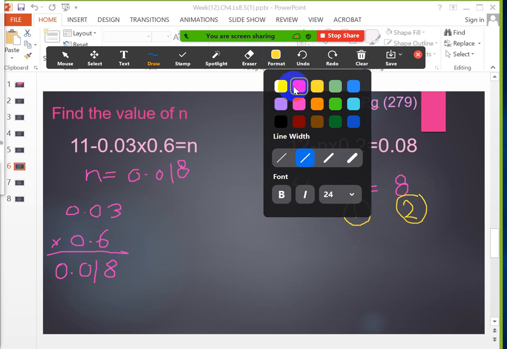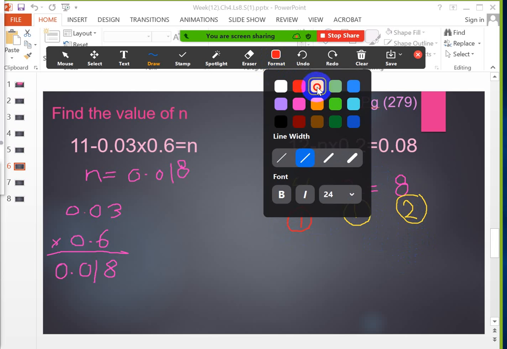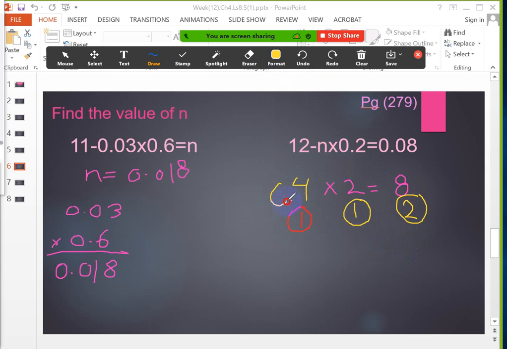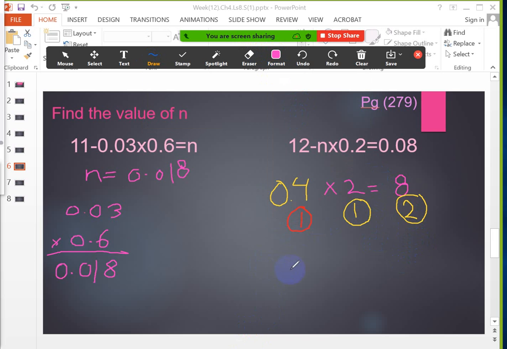That means I have to put also here 1 digit after the decimal point, because 1 digit here and 1 digit here will give me 2 digits in the product. So if you put here 1 digit after the decimal point, it will be 0.4. So right here n equals 0.4.